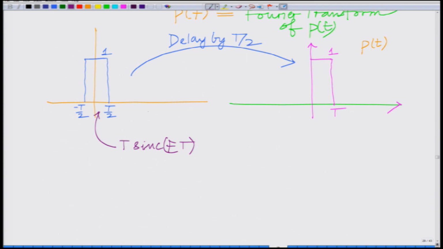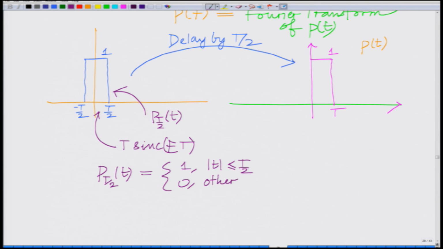sinc ft. This is basically this pulse, if you remember, this is basically my Pt by 2 of t, where Pt by 2 of t is 1 if mod t is less than or equal to t by 2 and 0 otherwise.